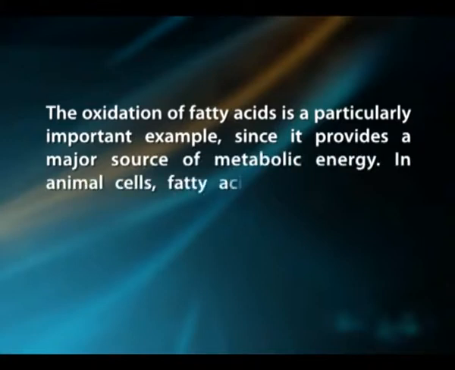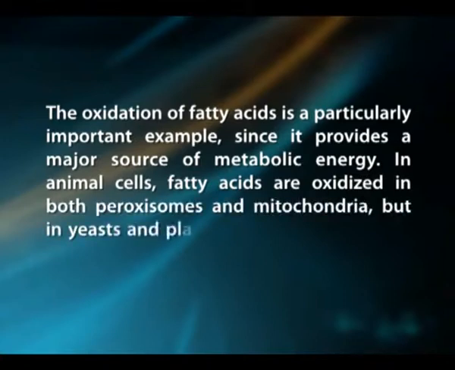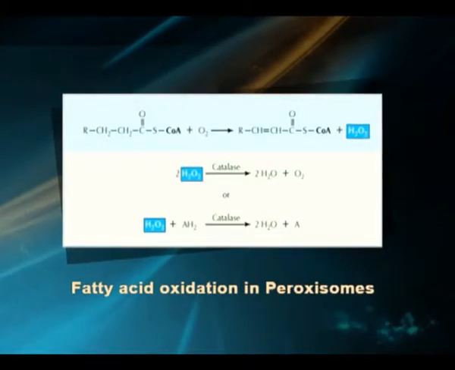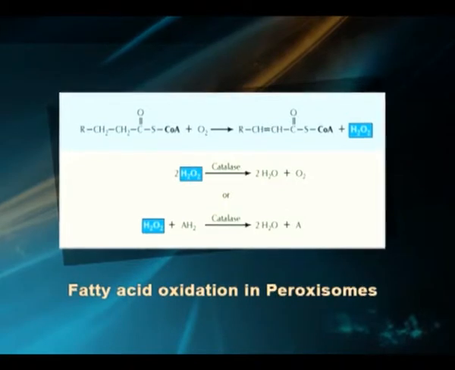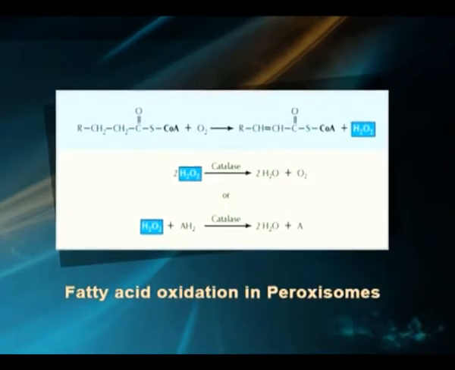In animal cells, fatty acids are oxidized in both peroxisomes and mitochondria, but in yeasts and plants, fatty acid oxidation is restricted to peroxisomes. In addition to providing a compartment for oxidation reactions, peroxisomes are involved in lipid biosynthesis.